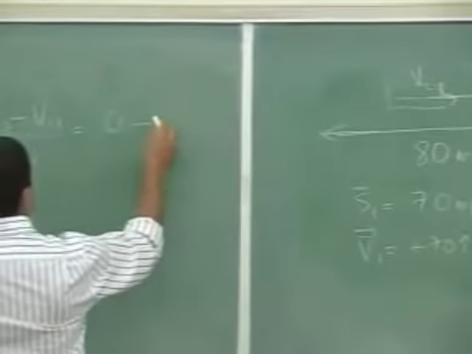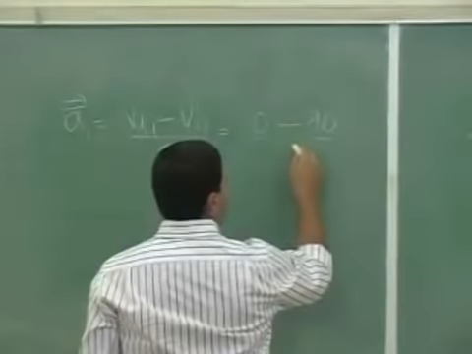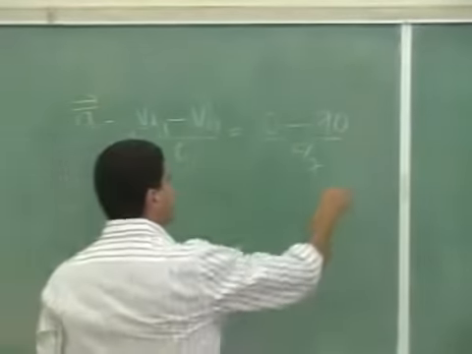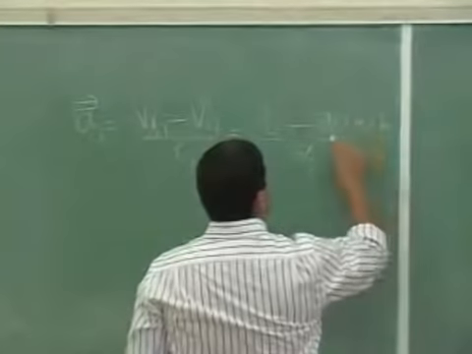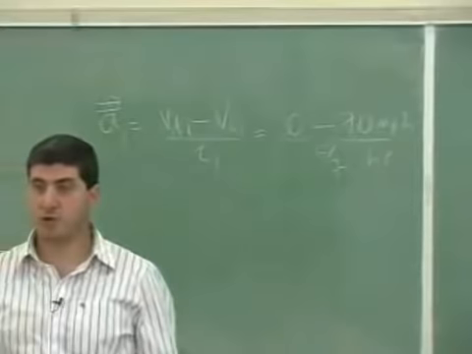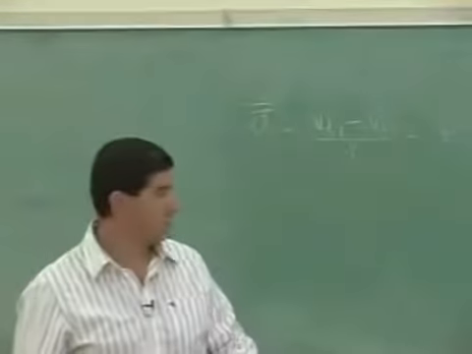So you get 0 minus 70 divided by the time is 5/7. And this one is miles per hour per hour, so it's going to be miles per hour squared. And that's a legitimate unit of acceleration.